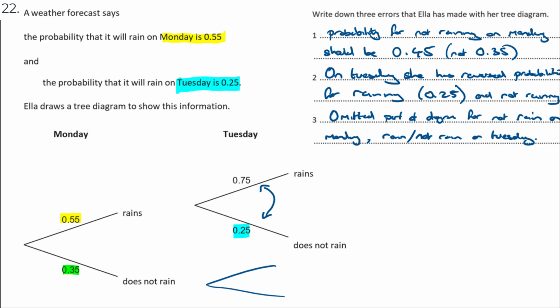So this part of the diagram should be 0.25 for rain and 0.75 for not rain. Okay, so that should be on the diagram there.